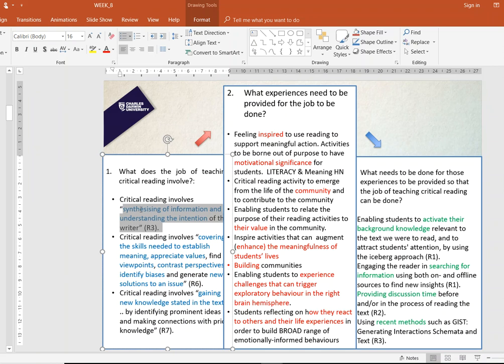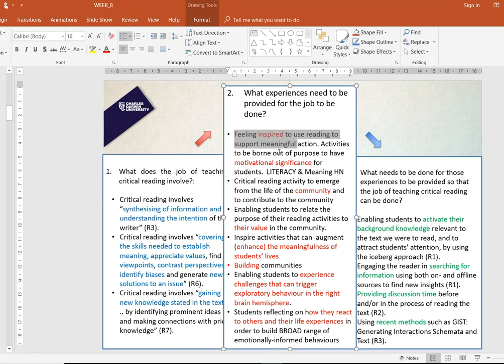You can't teach synthesizing of information until you engage students. They can see the relevance of it, they can see that it talks to the community, they can even see that this particular activity augments the meaningfulness of their lives. Oh my God, we learned a particular thing and now I can apply it in more contexts, and actually it's good for me. I can see the world bigger and better, right?